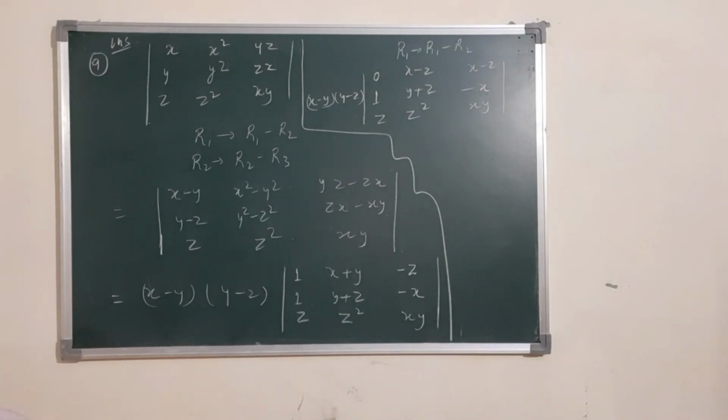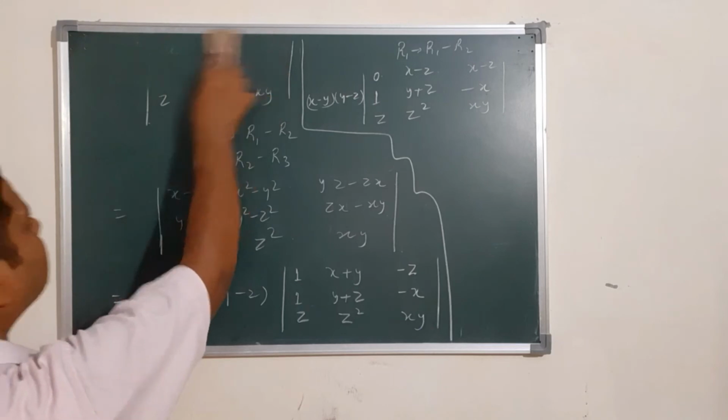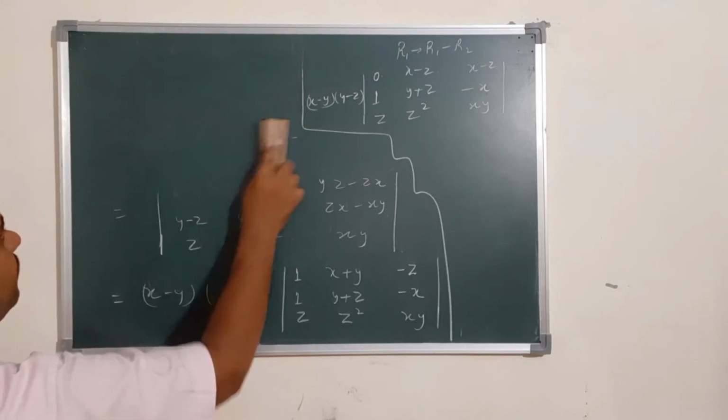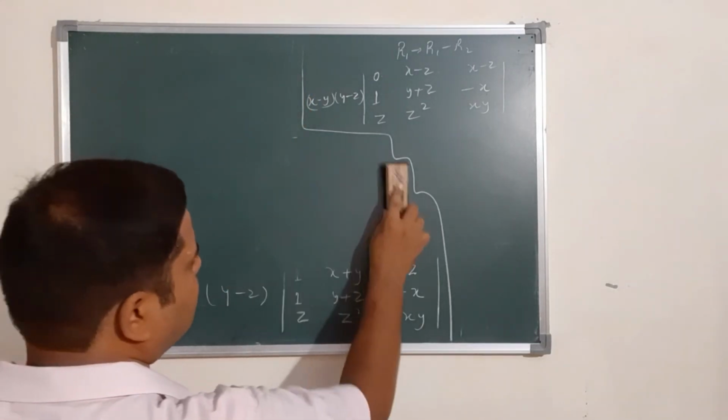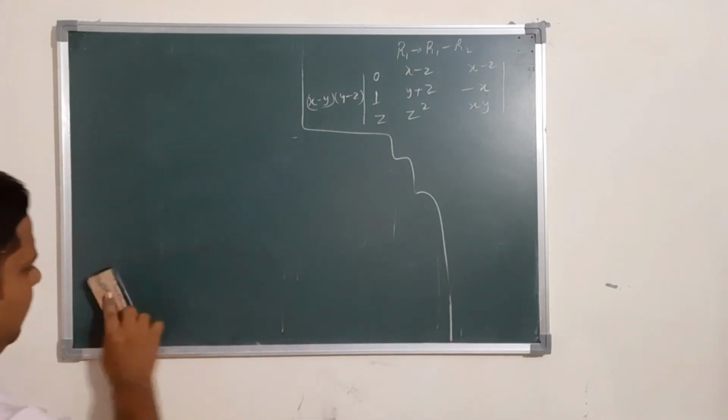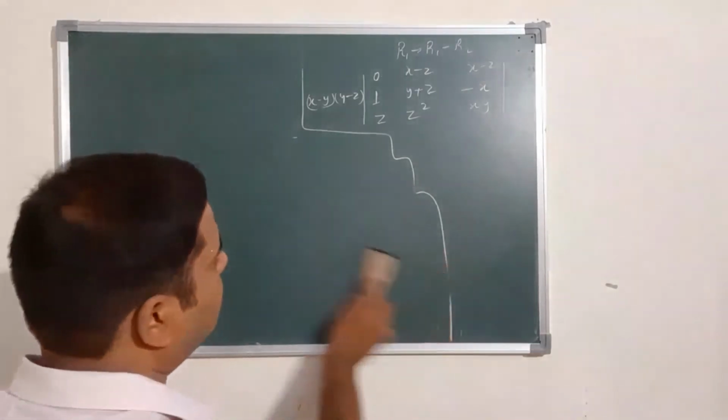Now next step, now I am going to erase this. Next step we have expansion of this particular determinant and we'll get the result.